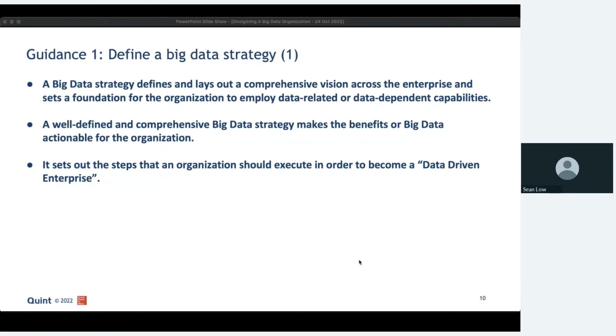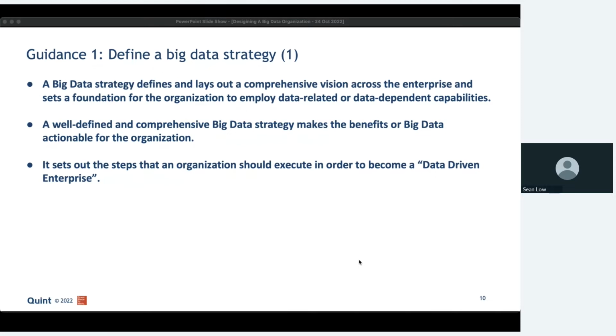A big data strategy defines and lays out a comprehensive vision, or what your end goal will be, across the organization or the enterprise, and sets a foundation for the organization to employ data-related and data-dependent capabilities. So as an organization, you need to start off by having a big data strategy for the entire enterprise. For example, how will the work we do in big data link back to what we want to achieve as an organization?